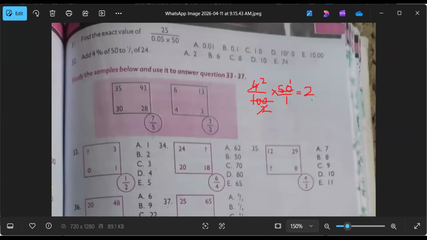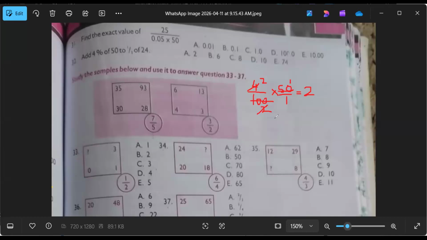Even though I know you are trying to do it mentally, when you are doing it mentally, try and do it the correct way. Don't forget, 4% means 4 over 100. So the 100 is not on top. The 100 is down. So I don't even know how you would have gotten 8.